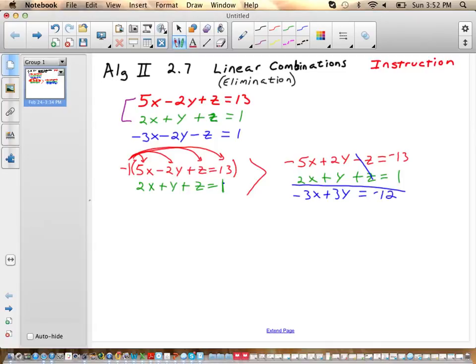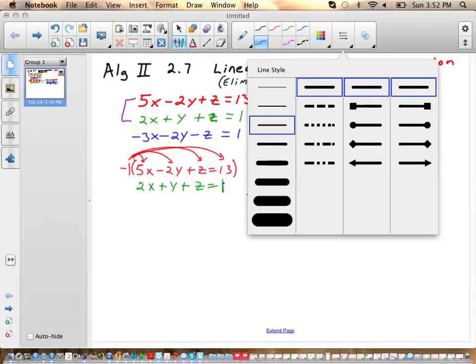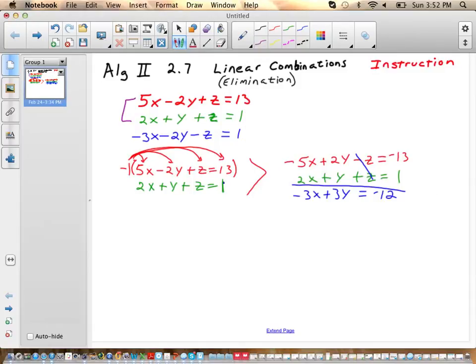Now I want to look at this for a minute, because that would normally be done, but I need to simplify it. Here's where I'm at: negative 3x plus 3y equals negative 12.